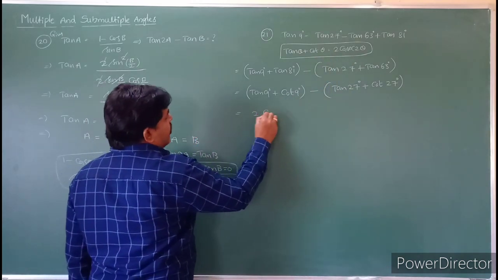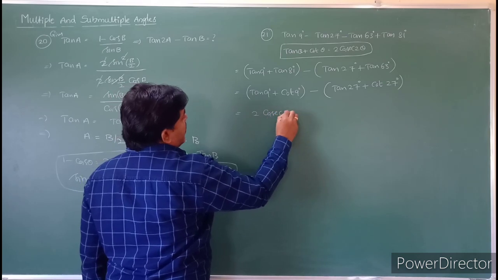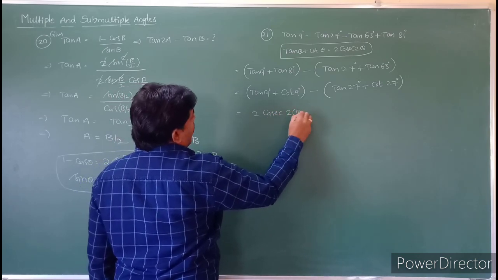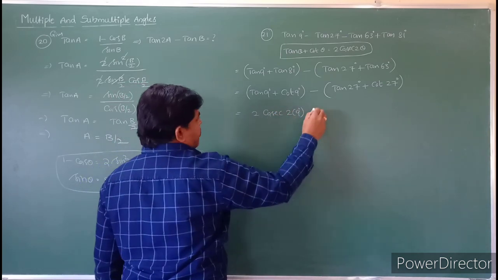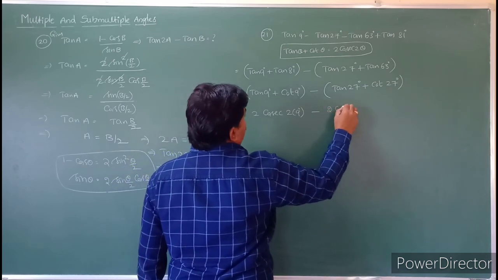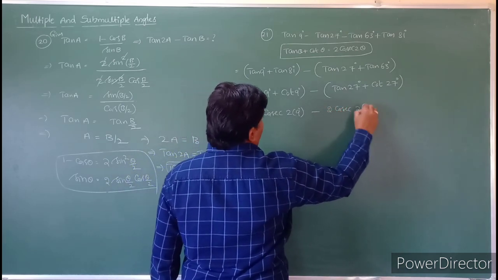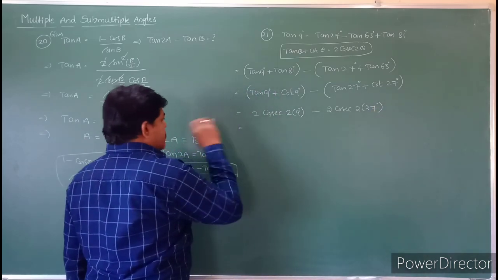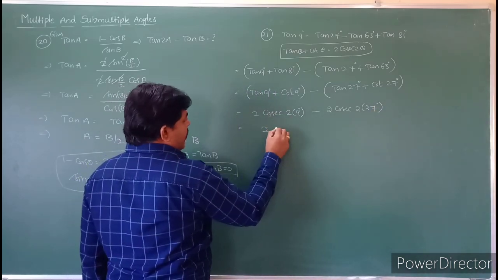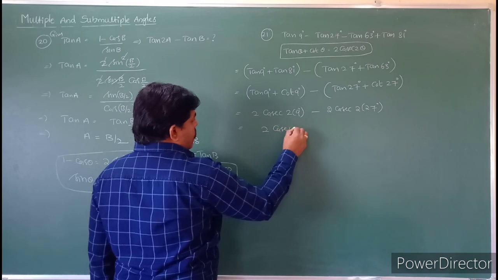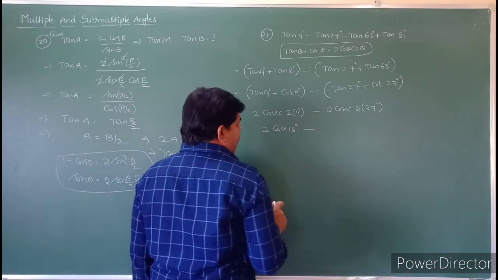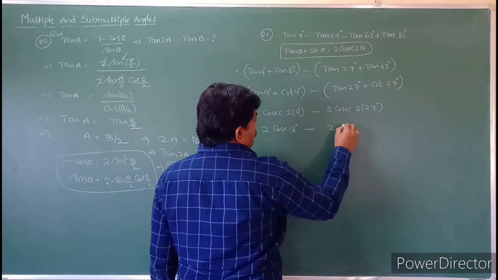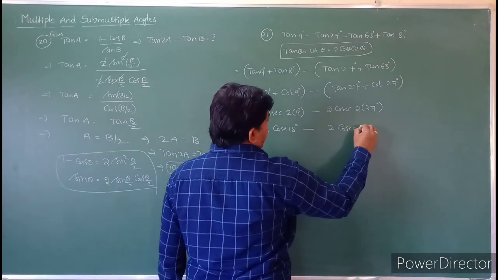So that is nothing but 2 into cosecant 2 into 9 degrees minus 2 into cosecant 2 into 27 degrees. So that is 2 into cosecant 18 degrees minus 2 into cosecant 54 degrees.